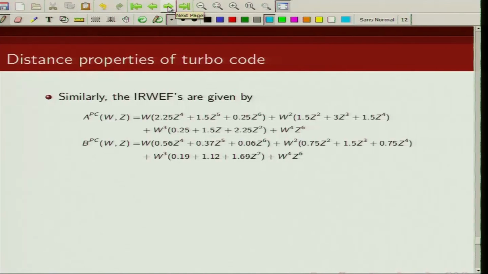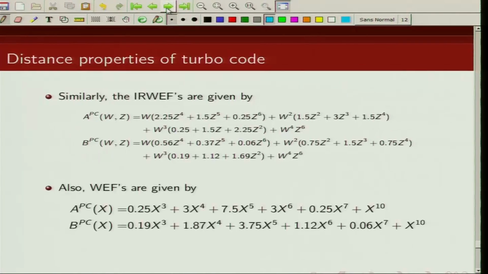And again, following the definition of the input redundancy weight enumerating function, we can find out the input redundancy weight enumerating function and the bit input redundancy weight enumerating function, which are given by these two expressions. Similarly, if we put W equal to Z equal to X, we can get the weight enumerating function and the bit weight enumerating function, which is given by this.